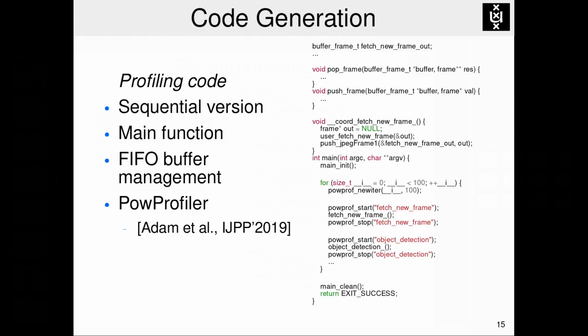And this code can be used with PAPI Profiler, a tool from one of our partners, to estimate the energy consumption of the application and to estimate or to measure the execution time of each individual part of the software.